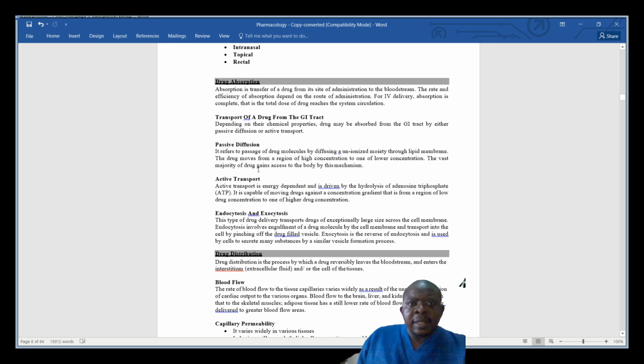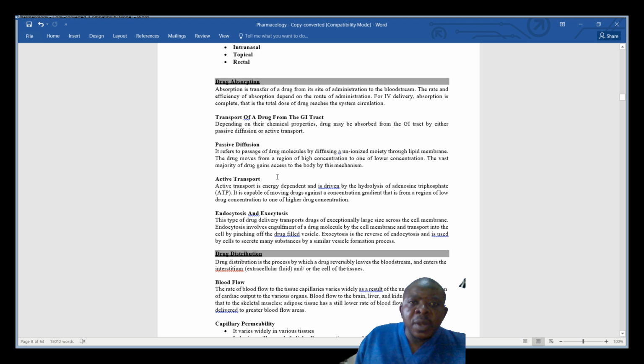Let's start with passive diffusion. This refers to the passage of drug molecules, diffusing in an unionized form through the lipid membrane. The drug moves from a region of higher concentration to one of lower concentration.